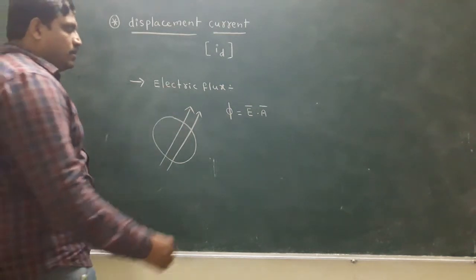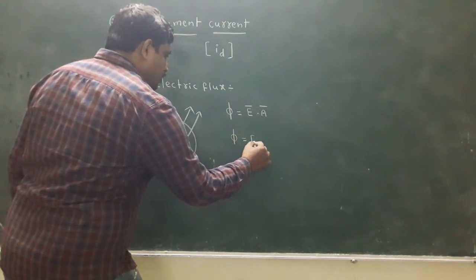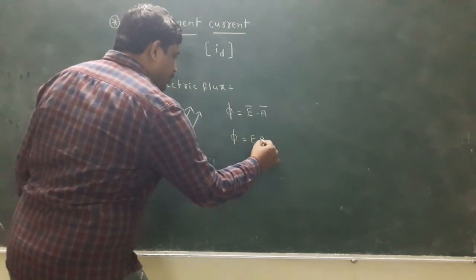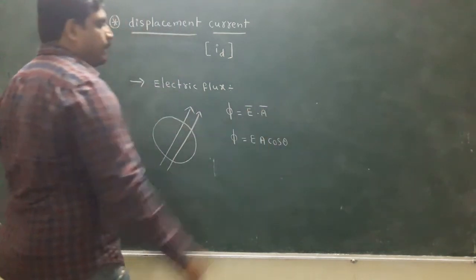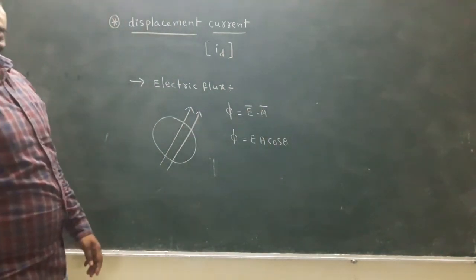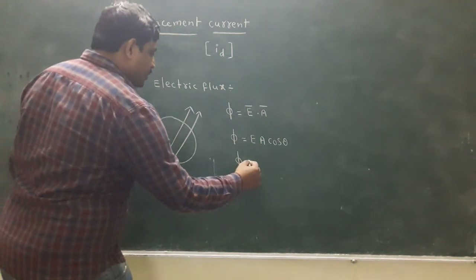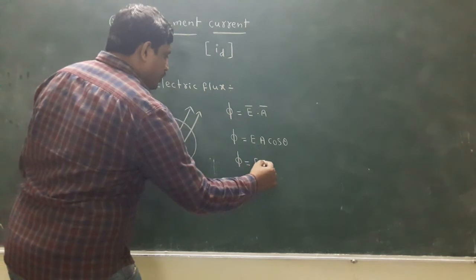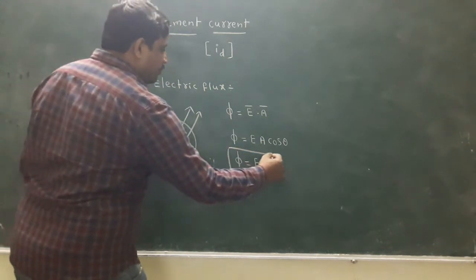In the electrical flux, phi is E bar dot A bar, written as E A cos theta, a dot product. For example, electrical flux is maximum when the formula is EA because theta becomes 0.